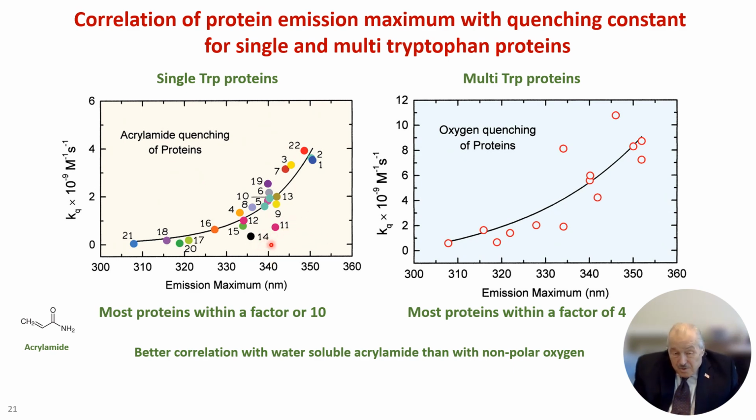But I sort of take it to think that the tryptophan is really not a solid little block in a protein, but rather the protein molecules are flexing in the excited state. We did experiments with oxygen quenching, and admittedly, these are multi-tryptophan proteins, but we found that for all the proteins that we looked at, the oxygen quenching constants were within about a factor of 4.